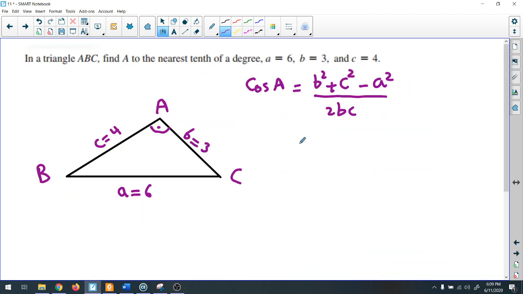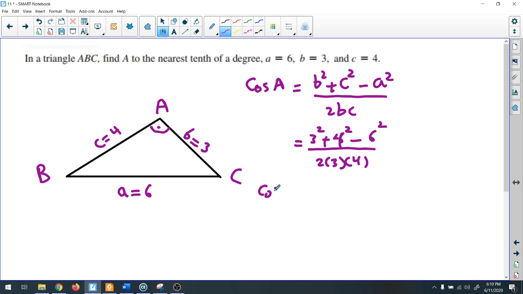And now we're going to plug in the values. So B square, which is 3 square, plus C square, which is 4 square, minus A square, which is 6 square, divided by 2 times B times C, 2 times 3 times 4.